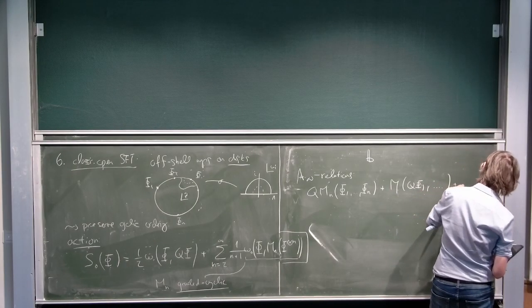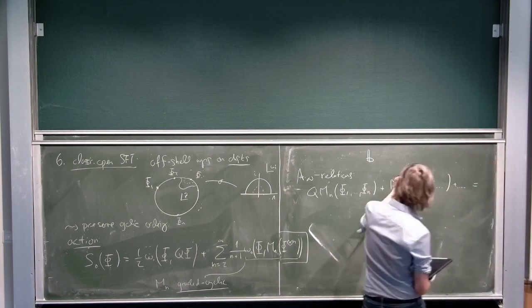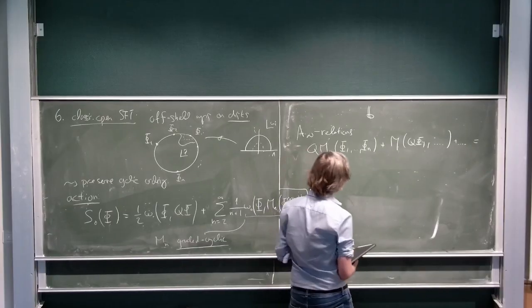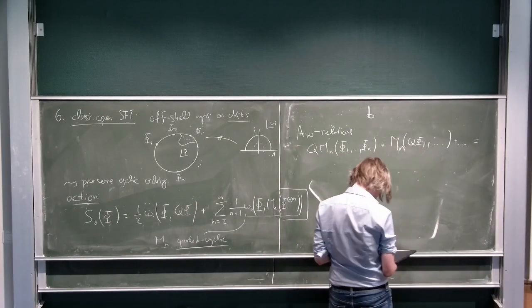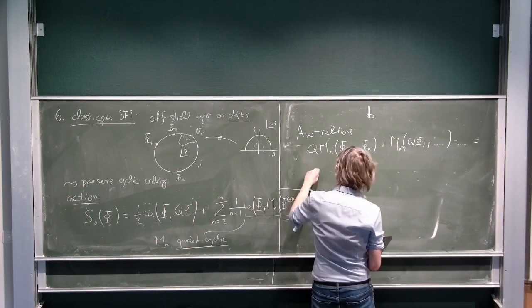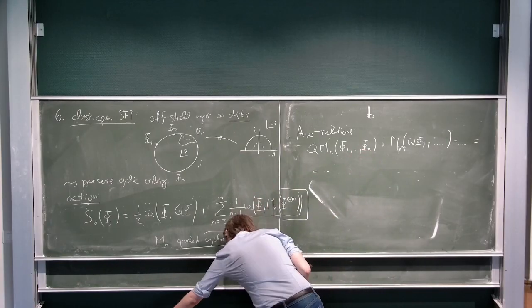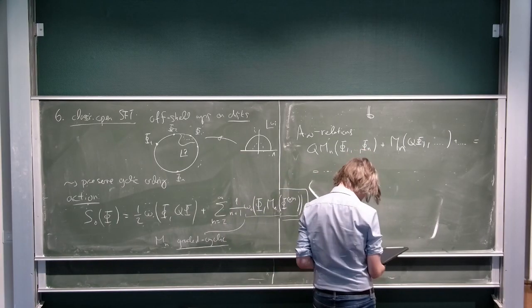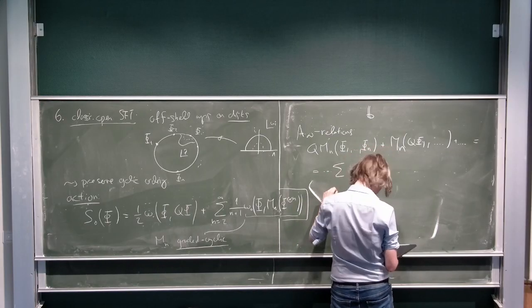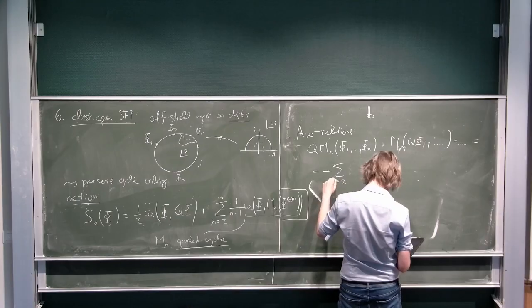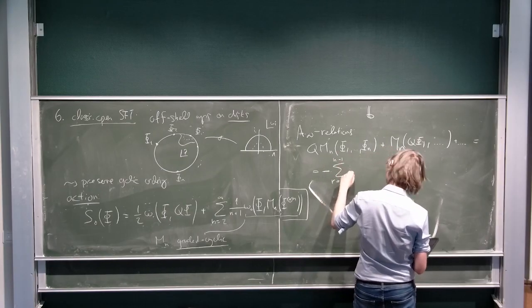So again, we would act with Q on all the insertions inside this product Mn. And then on the right hand side, you get all the possible nestings of higher order products, with the sum over indices.